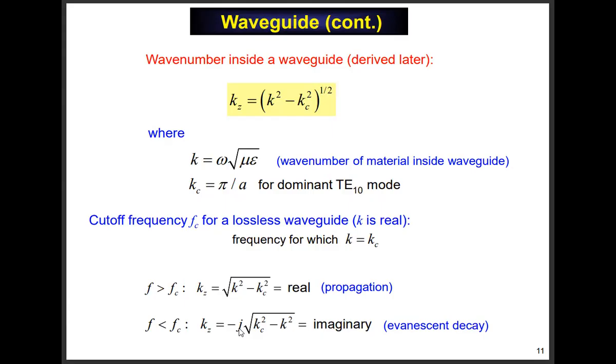The physical choice is the one where the wave is decaying, not growing, so it's got to be minus j. You can call it minus j alpha. This square root term by itself would be called alpha, the nepers per meter attenuation of the wave as it goes down the waveguide.